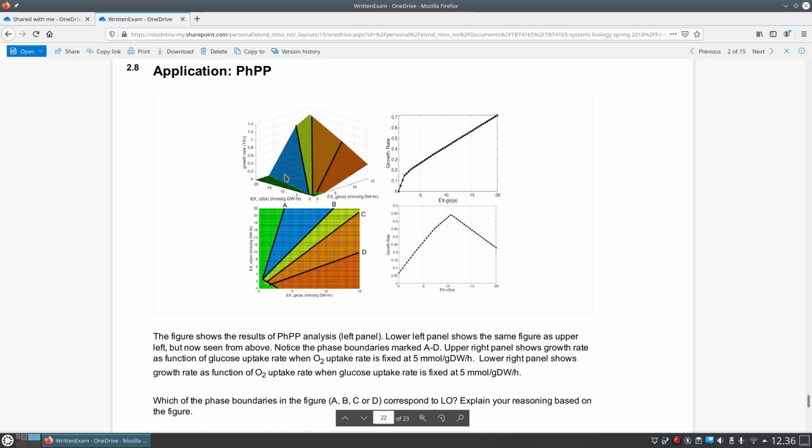Now, essentially what we're looking for is, a single substrate limitation involves one shadow price being positive, meaning that increased access to that metabolite will increase the biomass production, and the shadow price for the other substrate being 0.